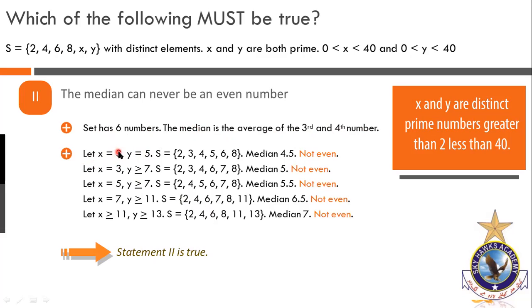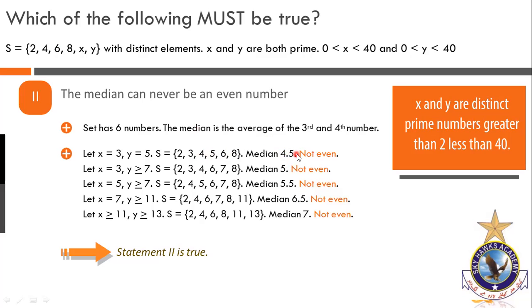Look at this: these are distinct, they are prime, and they lie between 2 and 40. So we get the arrangement 2, 3, 4, 5, 6, 8. These are the two middle values, the third and fourth, 4 and 5. So the sum is 9, and when we divide 9 by 2, we get 4.5.